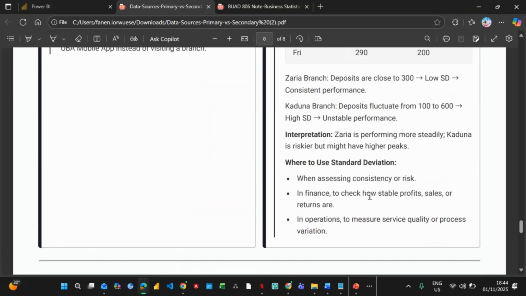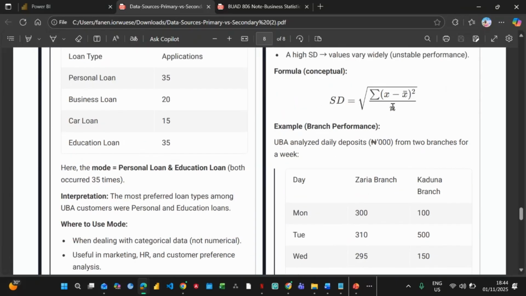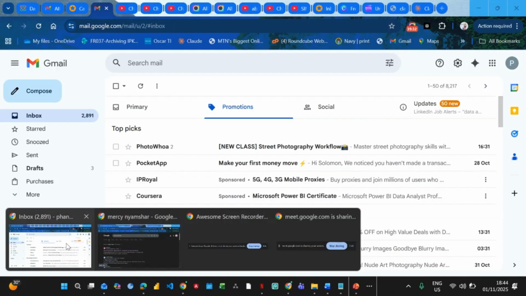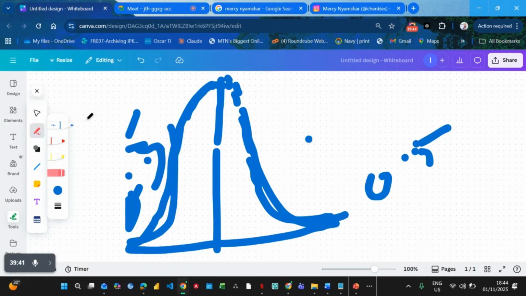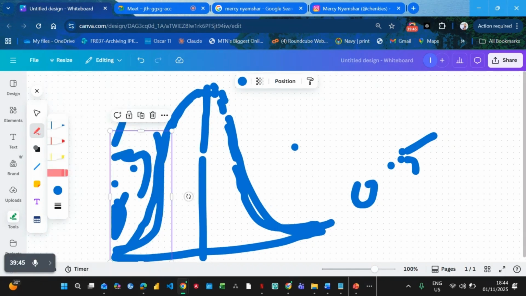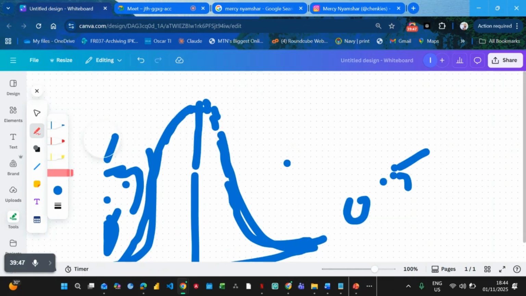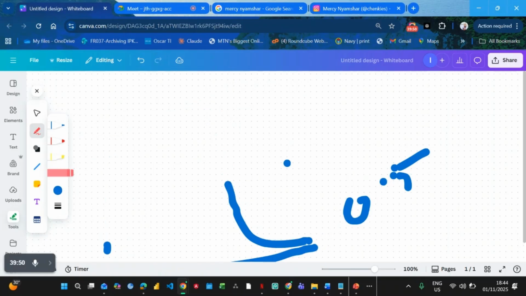So I didn't actually solve this with the formula because I was expecting to use my pen, but I don't think this pen can serve me. I think it's dead. Let me just use this to clean this.